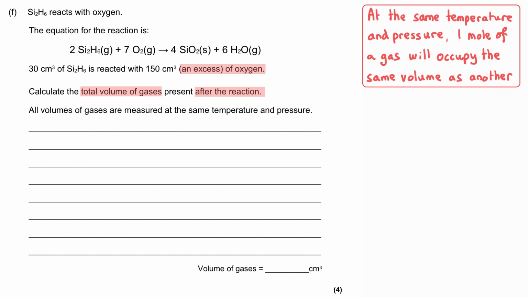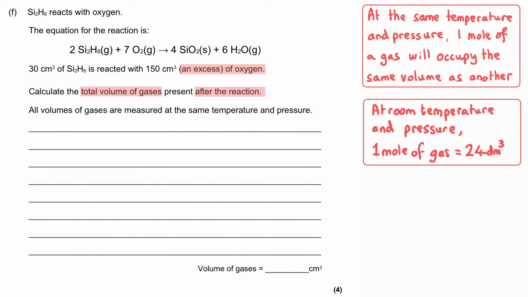If we deal with that final sentence first, since we're talking about the same temperature and pressure, we need to remember that 1 mole of any gas will occupy the same volume as any other gas at the same temperature and pressure. And remember that at room temperature and pressure, this volume is 24 decimeters cubed.